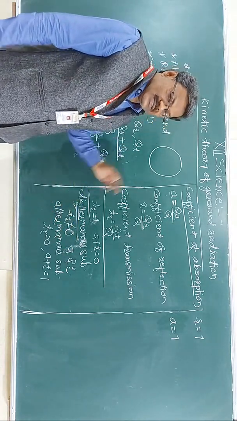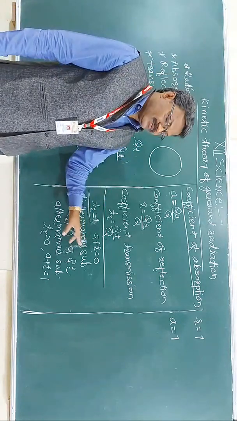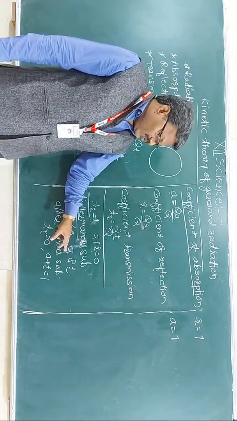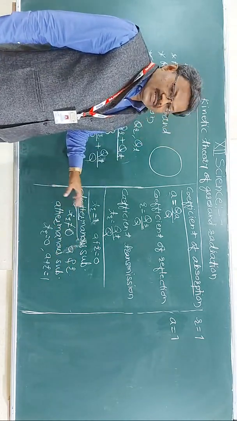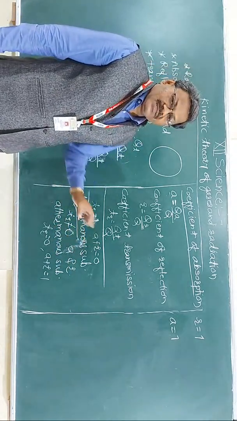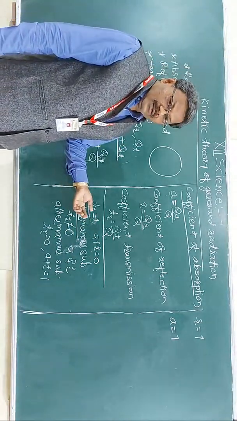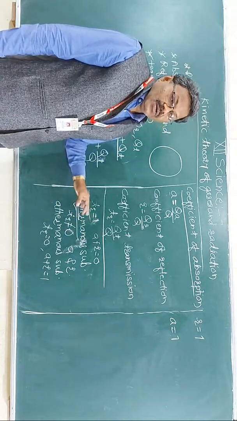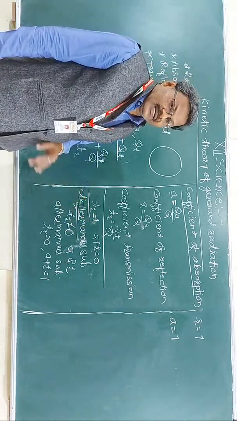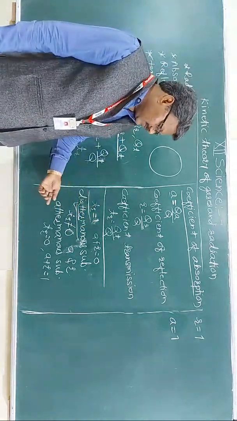It means that diathermal substances are poor absorbers and poor reflectors. Examples of diathermal substances are glass, quartz, sodium chloride, also air and hydrogen.